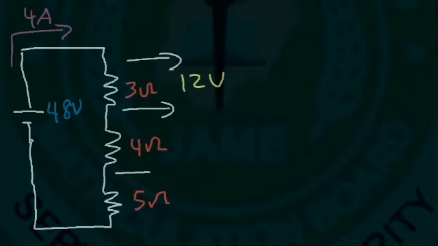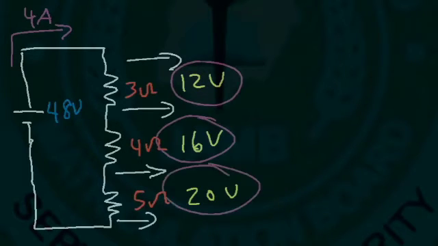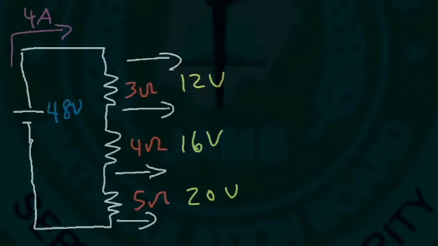Now what about the voltage drop across the 4 ohm resistor? So we have 4 amps of current flowing through a 4 ohm resistor, V equals IR. 4 times 4 is 16. And for the 5 ohm resistor, 4 times 5 is 20. Notice that if you add 12 plus 16 plus 20, you get a total of 48, which satisfies Kirchhoff's voltage law requirement.